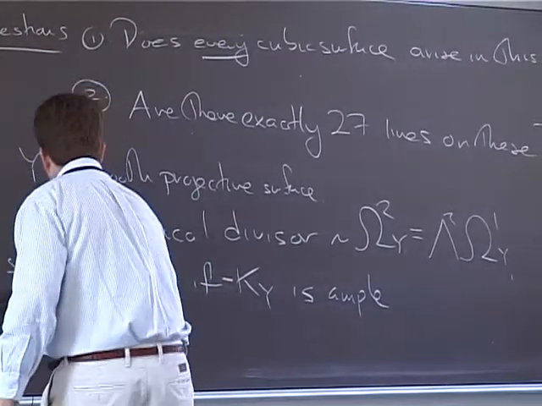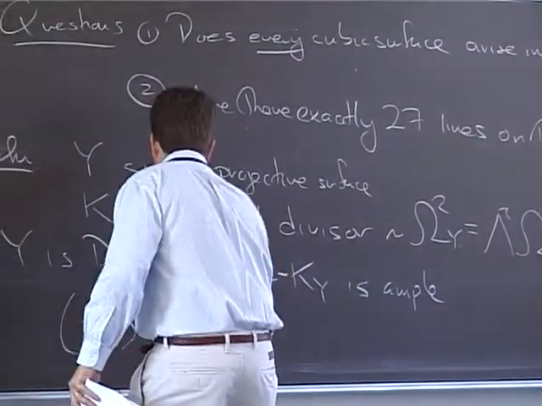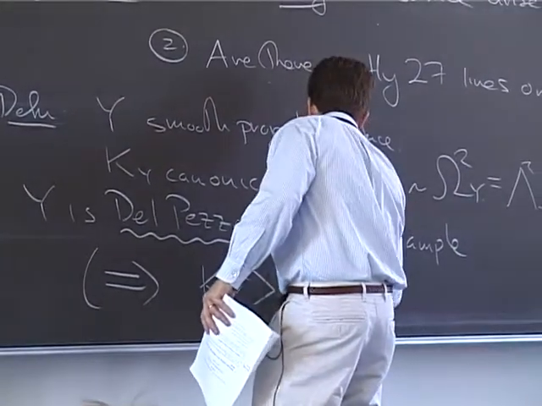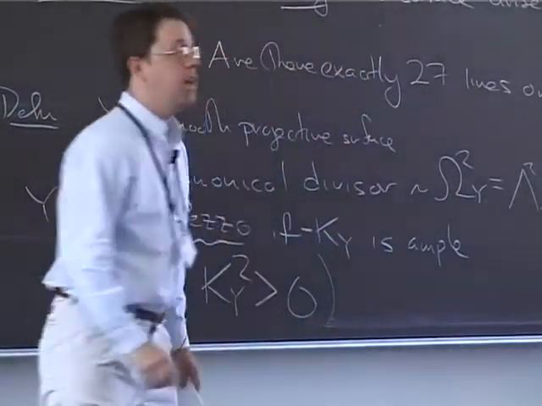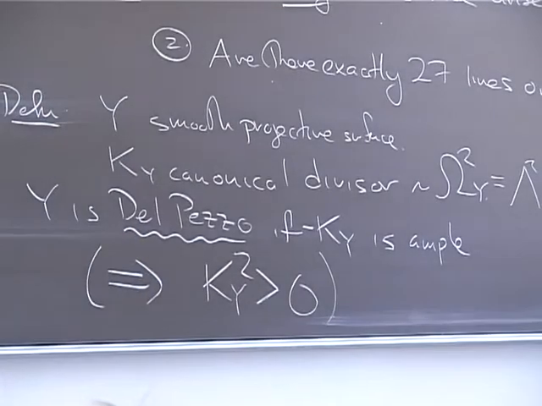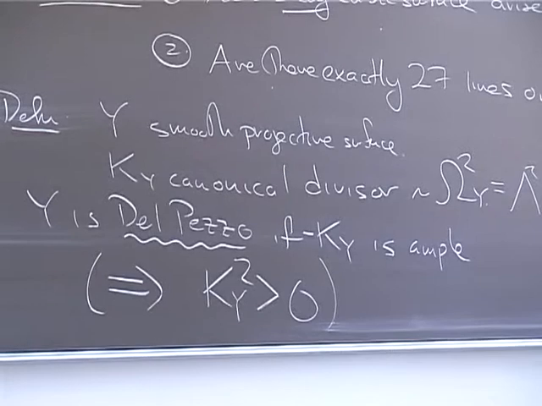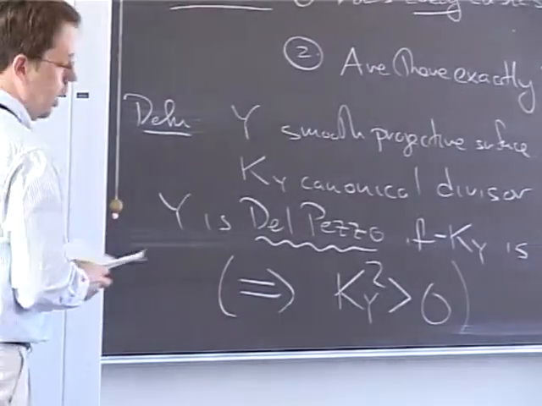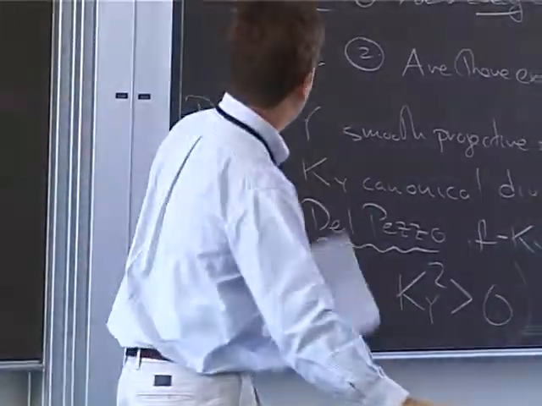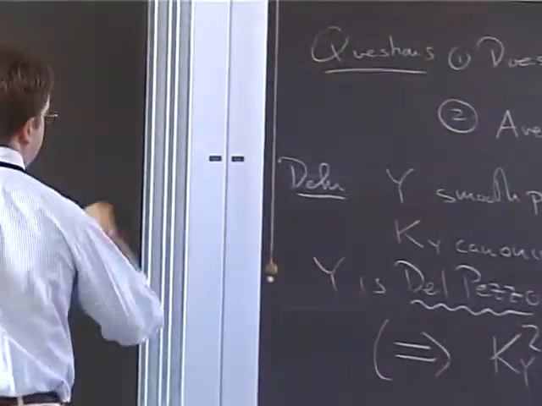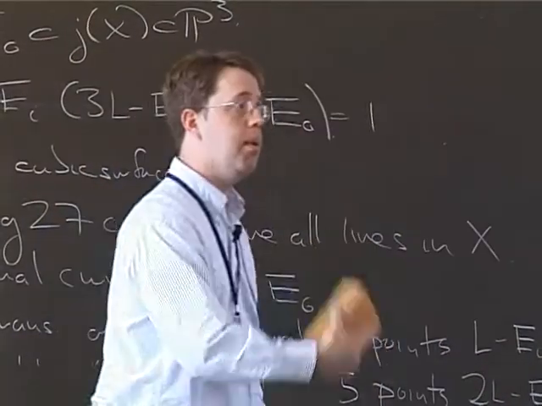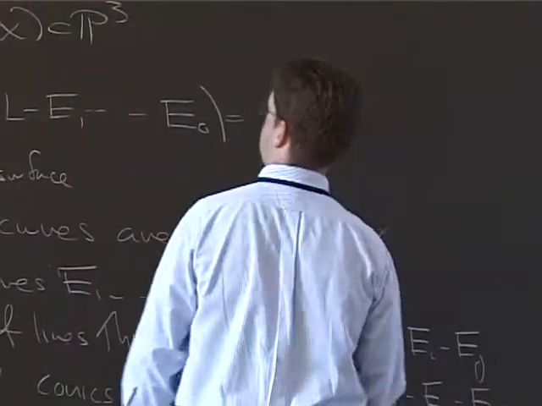And one consequence of being del Pezzo is that K_Y squared is always positive, because if you take an ample divisor, you square it, you have to get a positive number. Or minus an ample divisor. So using this idea, we can start to analyze the structure of general cubic surfaces, ones that don't come a priori from this blow-up realization.